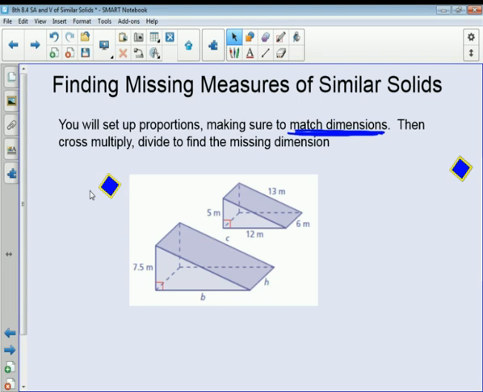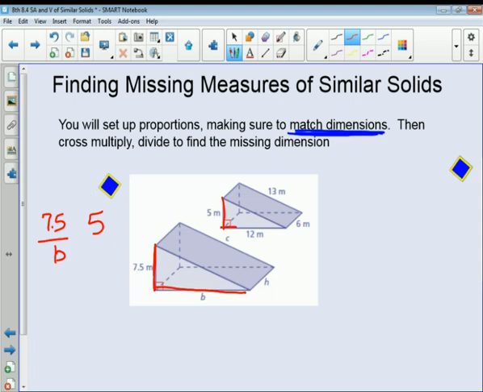So if I was going to find B, for example, I'm going to use the 7.5 that is given and B. So I'll do that back part, 7.5 over B. And then I'm going to pull the same two dimensions off of my other figure. So my 5 and my 12. Key thing that we are matching this side to this side. Okay, are they in the same position? Yes, B is in the same position as 12.